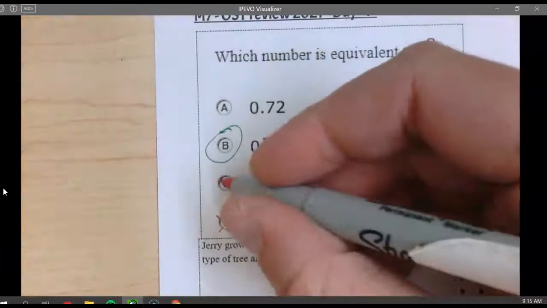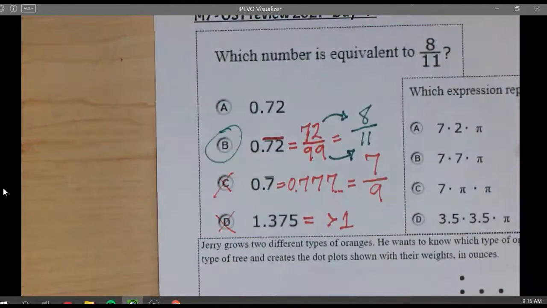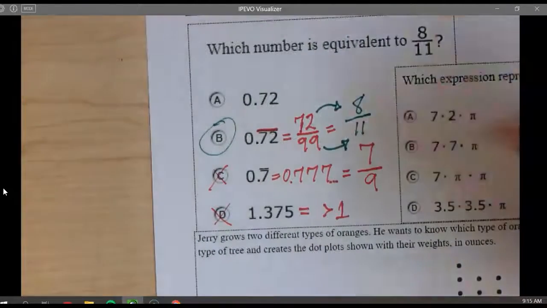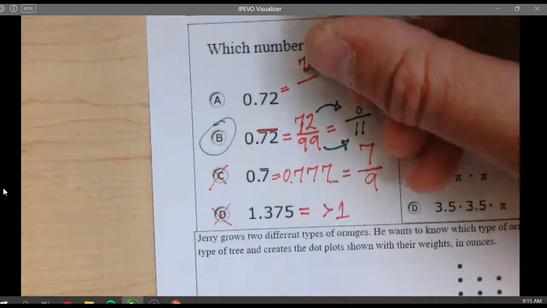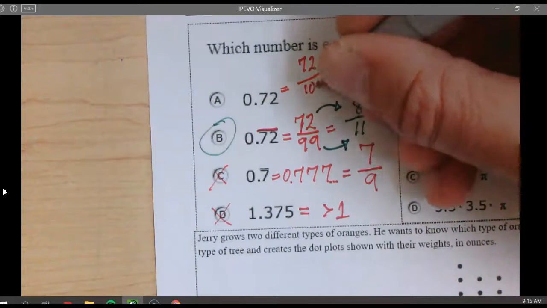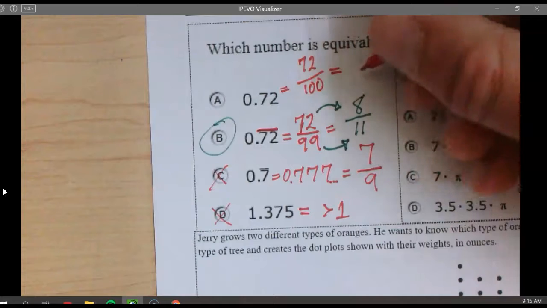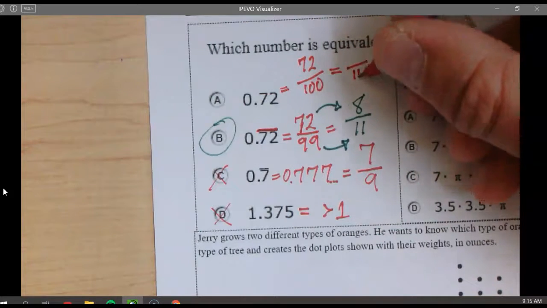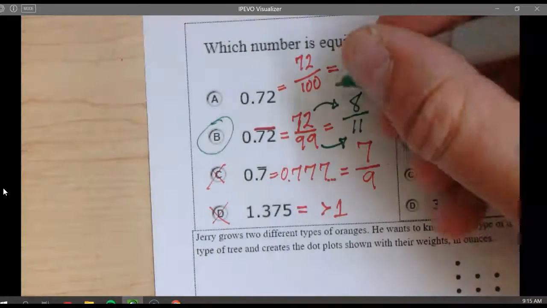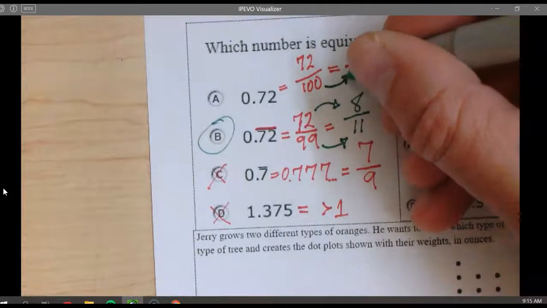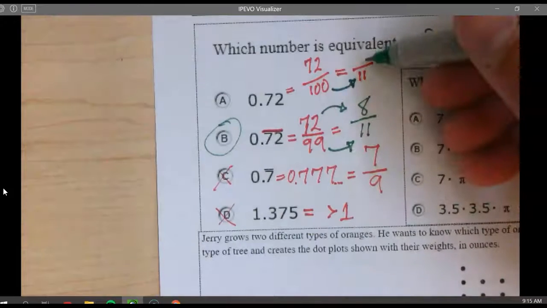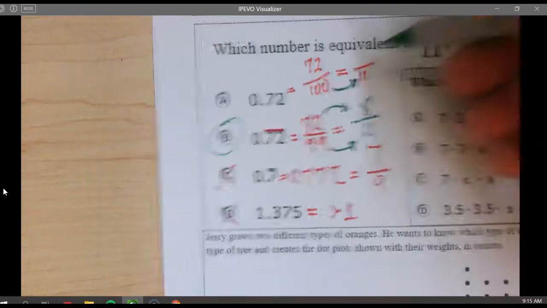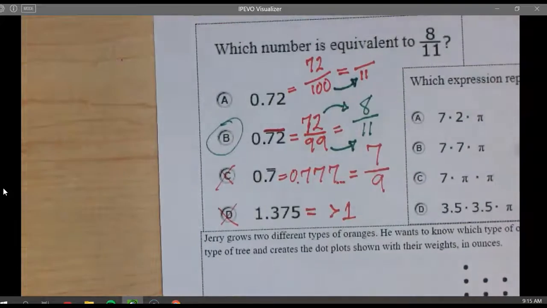Guys, B is actually our answer. Now, I could also check A and say, well, it's going to be 72 over 100, which can that become something over 11? That'd be really, really tough. And this does not work out to be 8 on top. So A does not work.